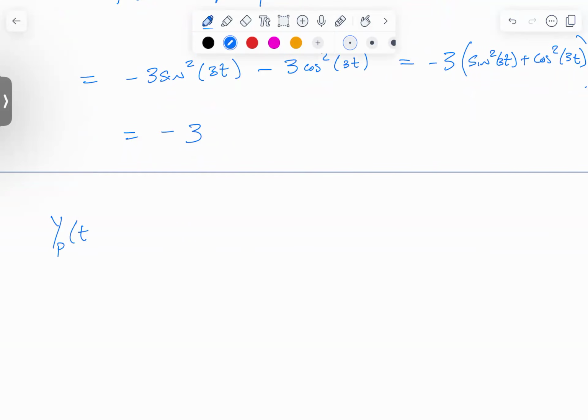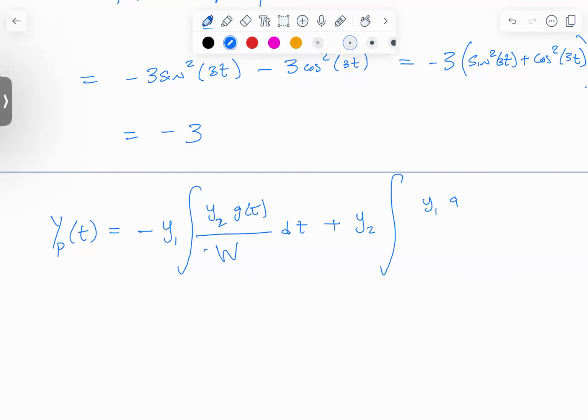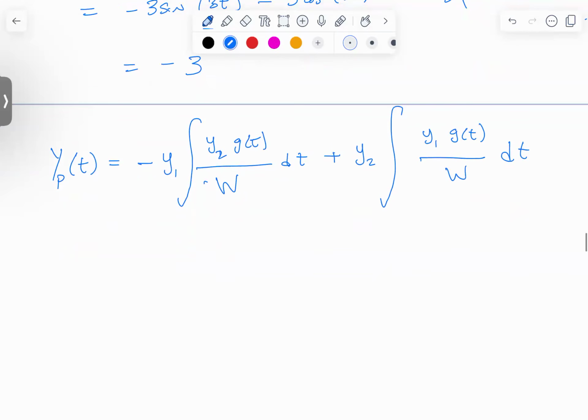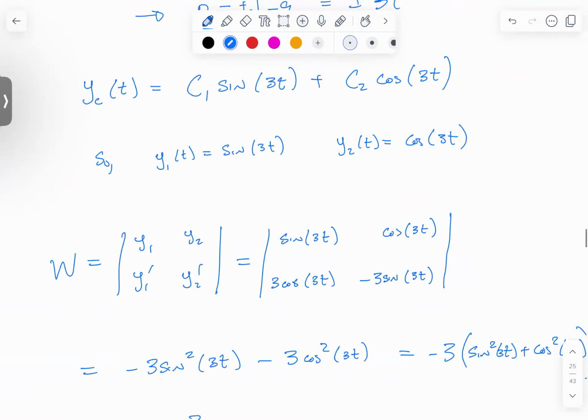Now, for our particular solution, the big thing here is to make sure that you have everything written out correctly, because this is just about plugging in and then making sure we simplify properly. So y1, what's my sign?